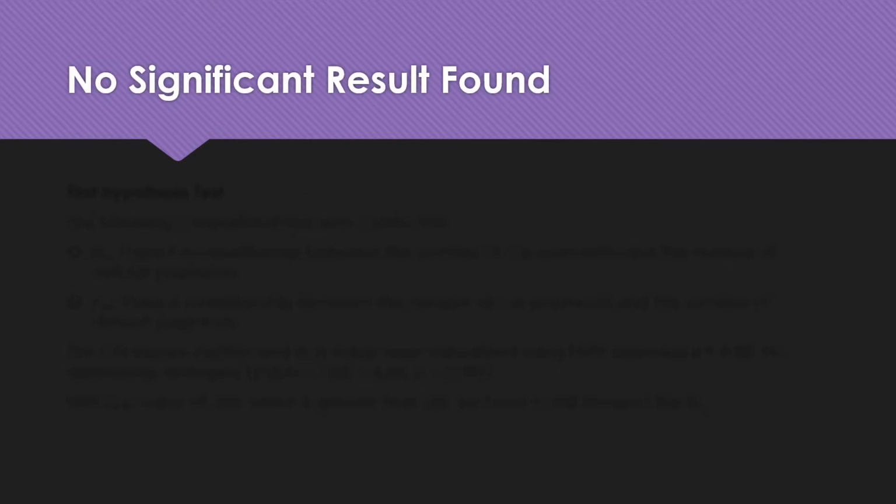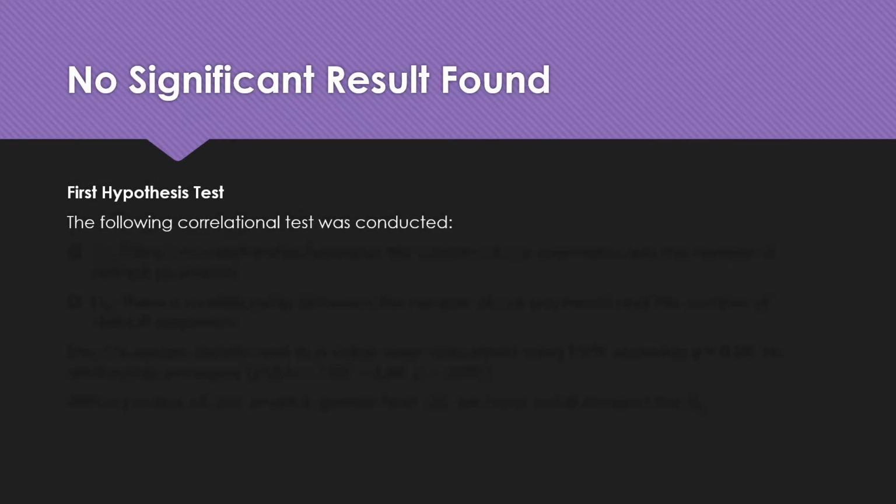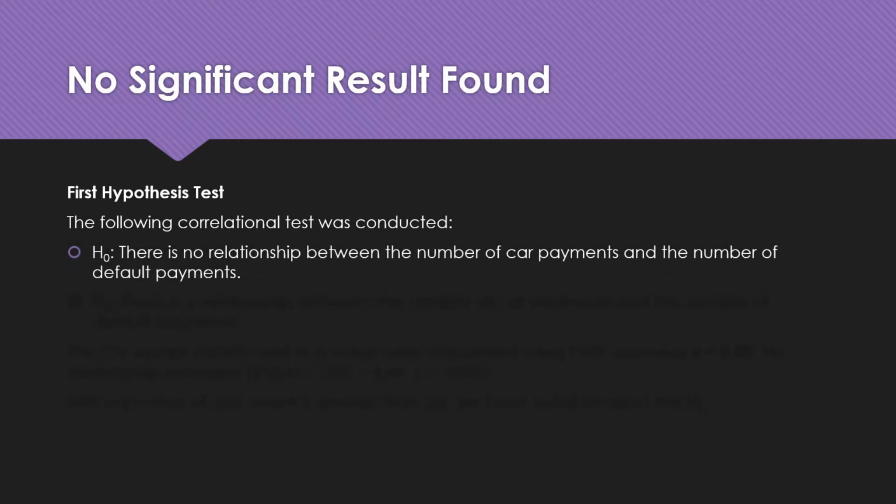Let us now examine our results. The following correlational test was conducted. We examined the relationship between the number of car payments made and the number of default payments. Our null hypothesis stated there is no relationship between the number of car payments and the number of default payments.